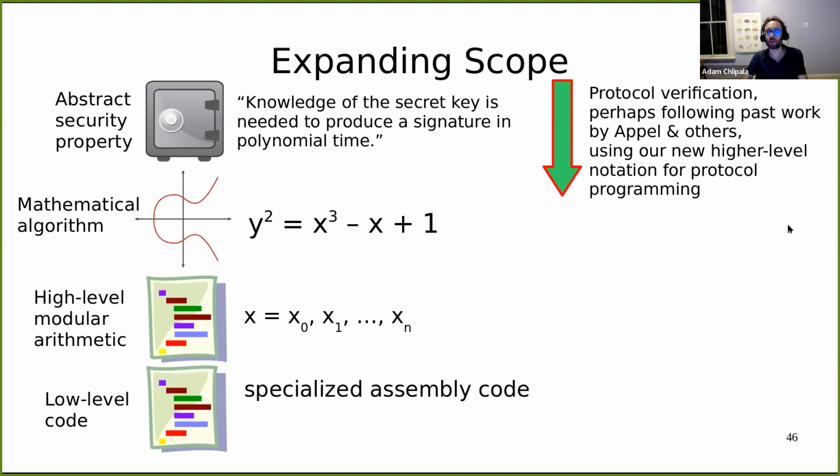We've been developing a new higher level functional programming notation for protocols that should be helpful for this. We'll be presenting it at the POPL conference in about 2 weeks.